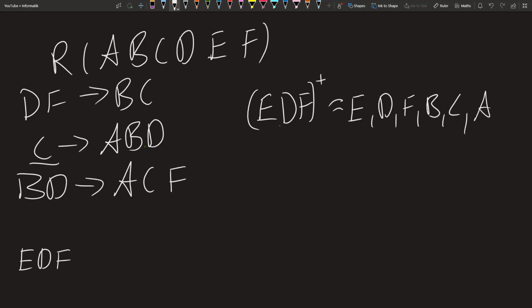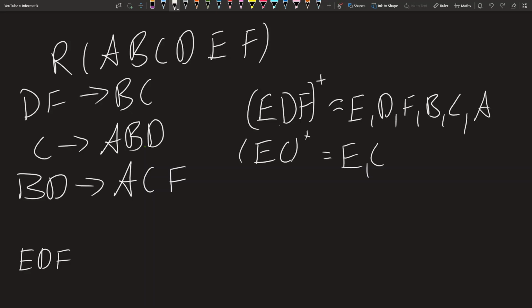The next thing we need to check is are there more? So again, we need to take our E and then we can check it with C. So EC. EC is determining E and C, so itself.